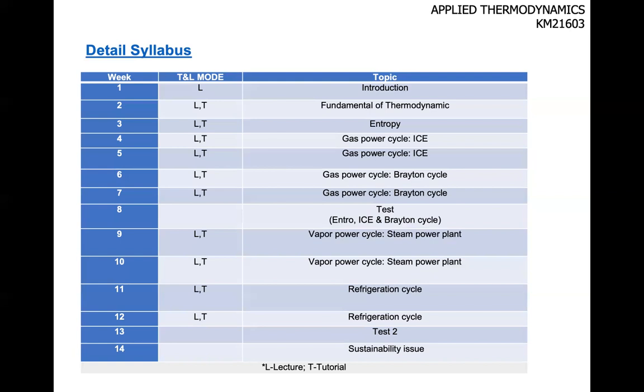After that, we will have a test. And we will touch on the steam power plant. Probably if we have time, we will touch on the compressor, because the compressor is also one of the important topics. The last one is the refrigeration cycle. Then we will have another test.